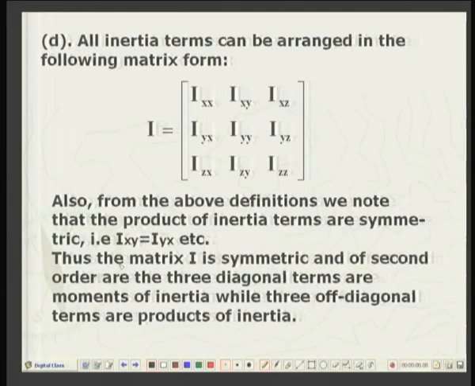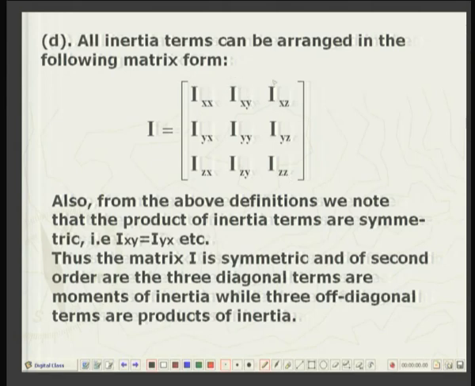All inertia terms can be arranged in the following matrix form: Ixx, Iyy, Izz. These are the 3 mass moments of inertia, or simply moments of inertia, and these are the diagonal terms.